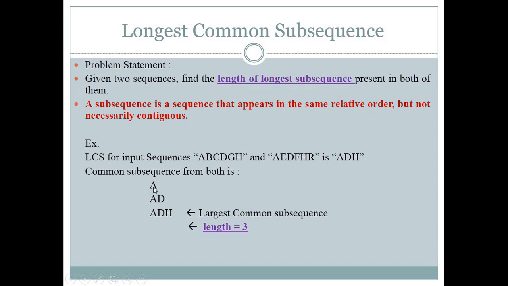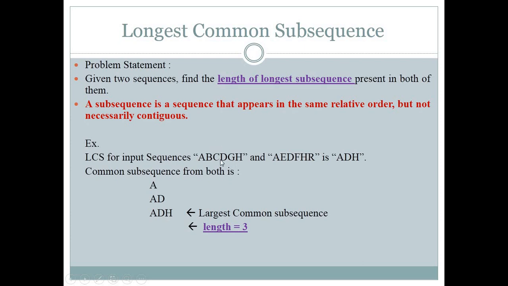First of all we will start comparing from a to a, so our subsequence will be a. After that we will compare b with e, not matching, b with d, not matching, b with f, not matching, b with h, not matching, b with r, not matching. Again we will move to c, and check c with e, not matching, c with d, not matching, and so on for all characters.